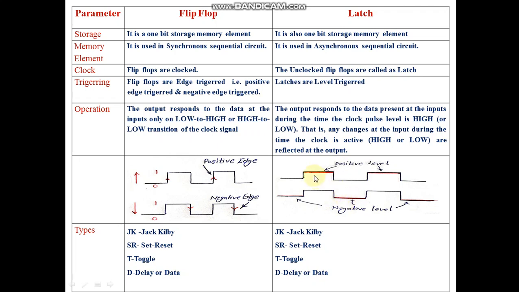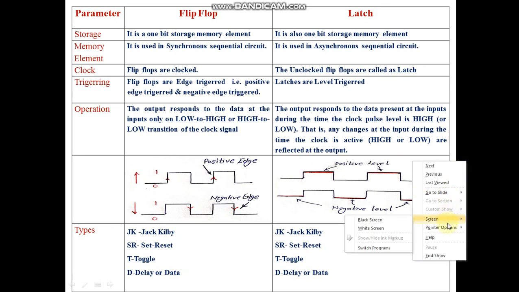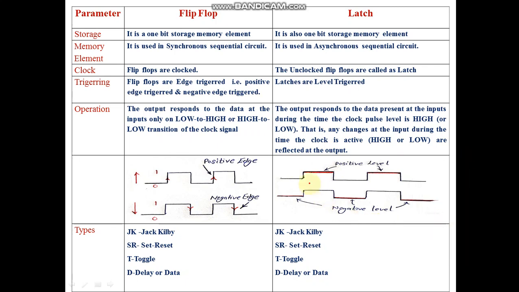One important point we need to remember is that from this end to this end, if the input of the latch changes multiple times, then the output will change. But in case of a flip-flop, in between this edge and this edge, if the input of the flip-flop changes, the output of the flip-flop will not change. That's why the flip-flop is called a synchronous device, while latches are asynchronous devices.